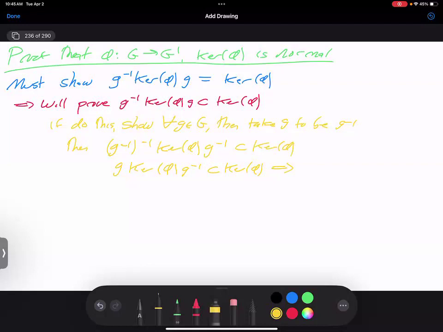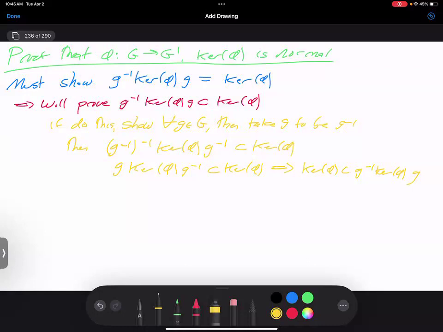I can move the g's to the other side. And so this becomes the same as the kernel of phi is contained in g inverse kernel of phi g. This is why it's enough to just do one direction of the inclusion.